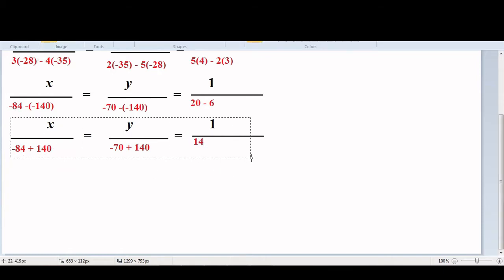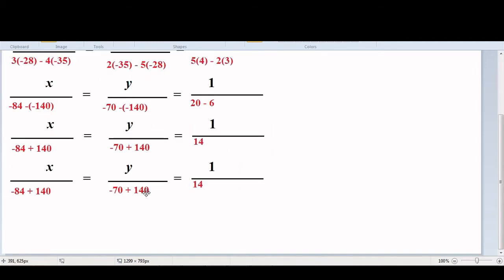Now let's solve the numerator parts finally. So this will be 140 minus 84, so it will be how much? It will be 56. Here it will be 70.